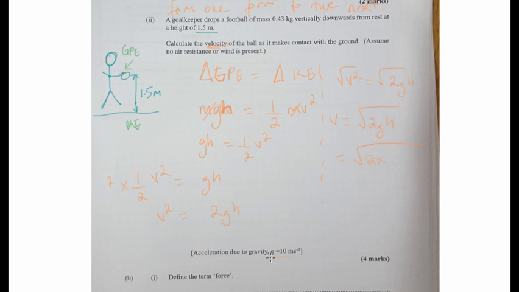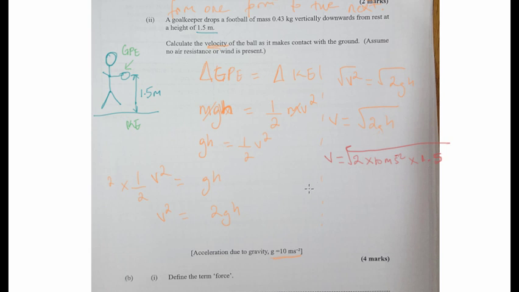We're given g as 10 meters per second squared. So that's 10 meters per second squared. Let me just change colors here. So v is equal to the square root of 2 times 10 meters per second squared times h, which is 1.5 meters, times 1.5.